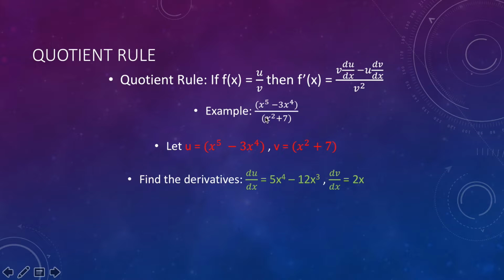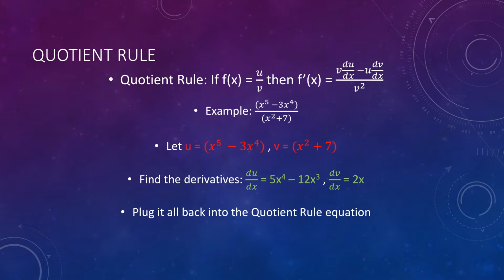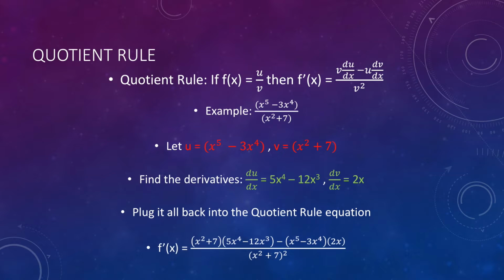Then you'd find the derivatives of each part. So the derivative of u is 5x to the fourth minus 12x to the third. And the derivative of v is simply 2x, using the power rule for both of these. You plug it all back into the quotient rule, and this is what you get. This is your final solution.